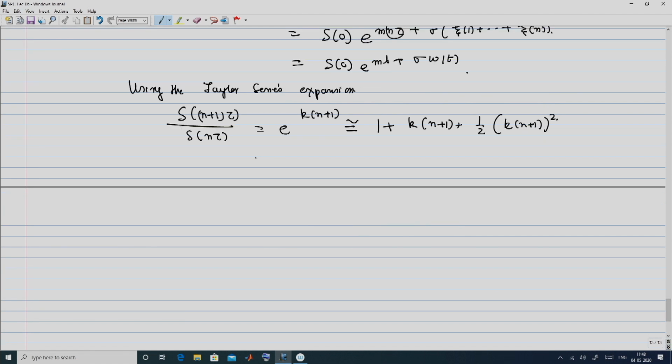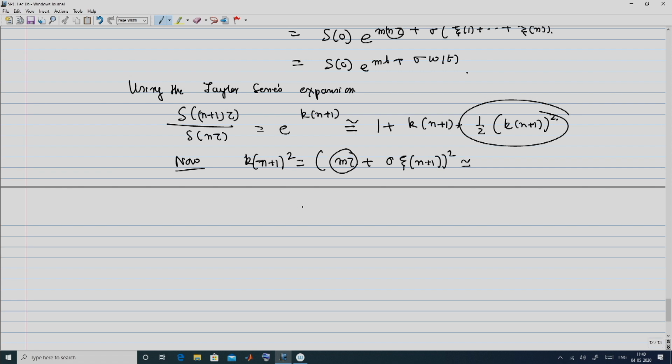So, what I need to take care of is to look at this term first. Now k of n plus 1 square, what is k of n plus 1? K of n plus 1 is m of tau plus sigma xi n plus 1 whole square. Now, if we expand this, you will have an m square tau square term here.